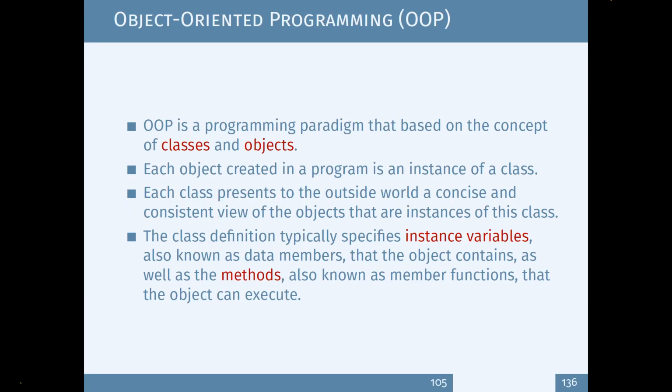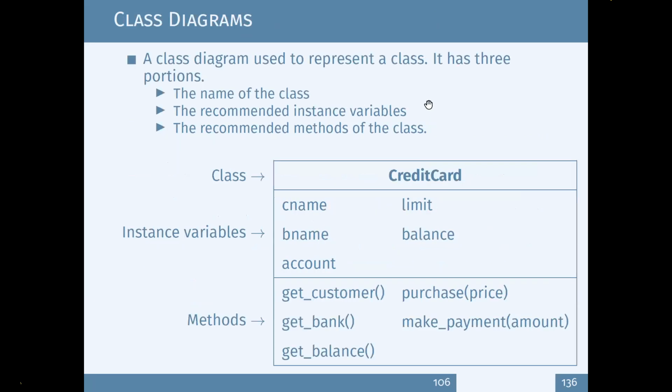And then classes may have methods. For example, lecturers could teach, they can evaluate, they can prepare exams. So these are known as methods. We will also say they are the member functions which an object can execute.